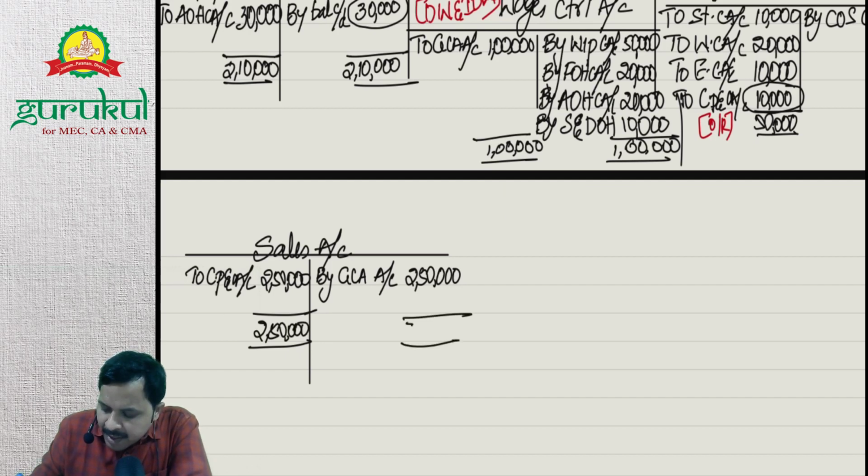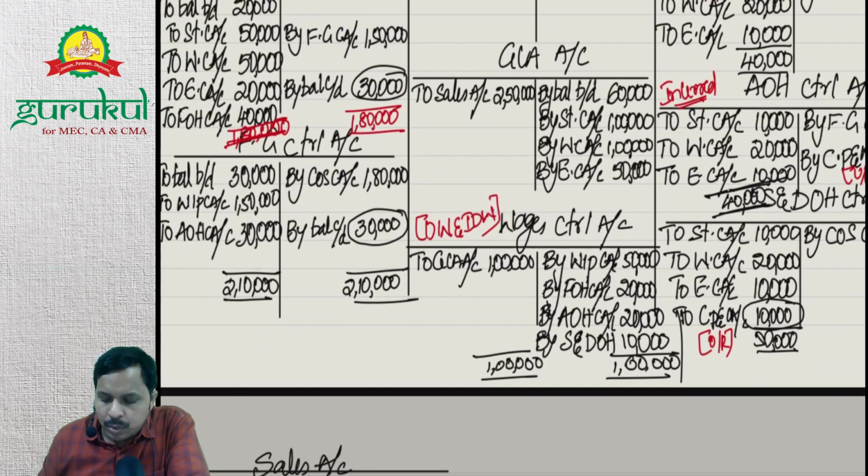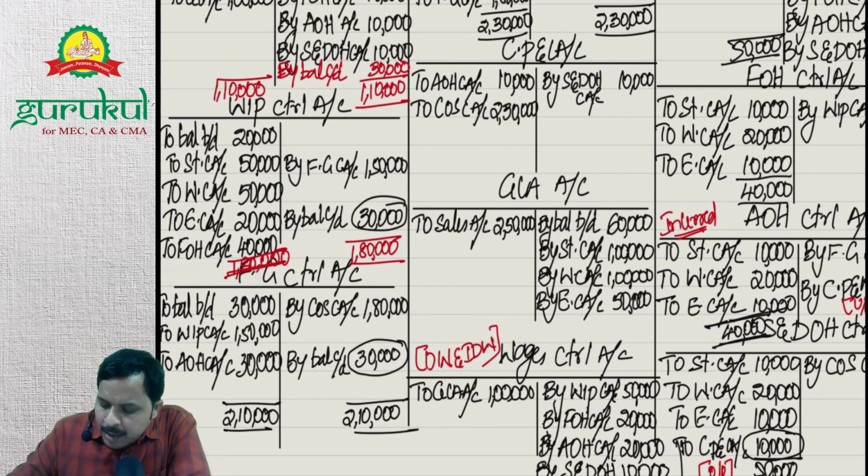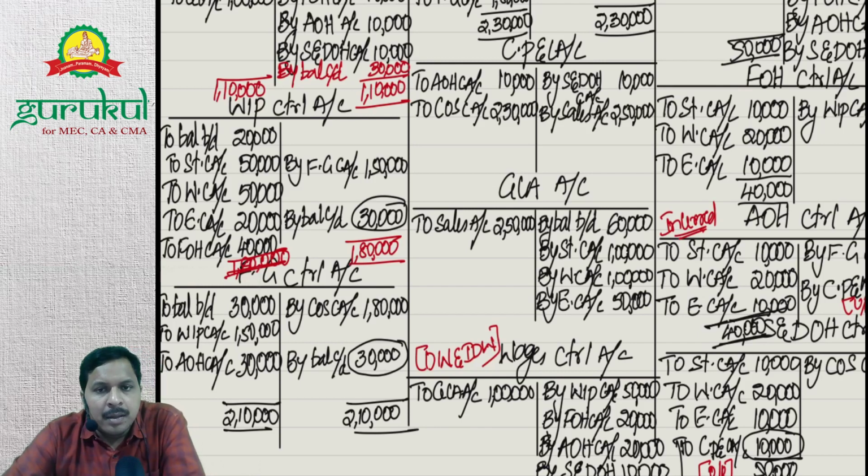You can write this as the transfer entry for sales. In costing P and L account, I am writing by sales account 2,50,000.